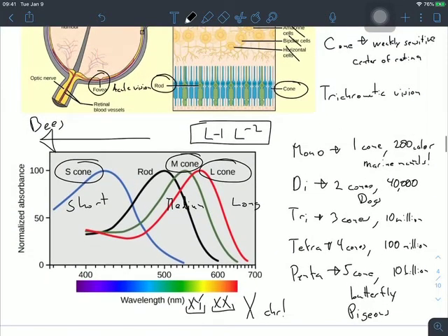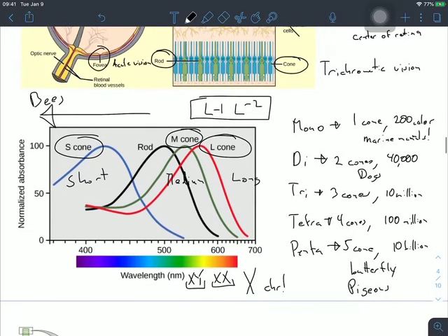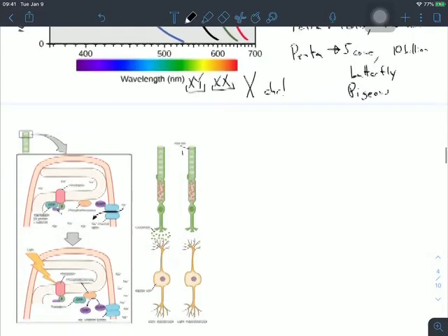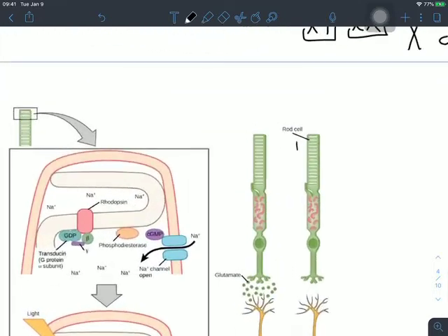Now, this variation in presence or absence of different types of cones and different color perception obviously has to translate into some way for sending that signal. And the blueprint for rods and cones is actually fairly similar.